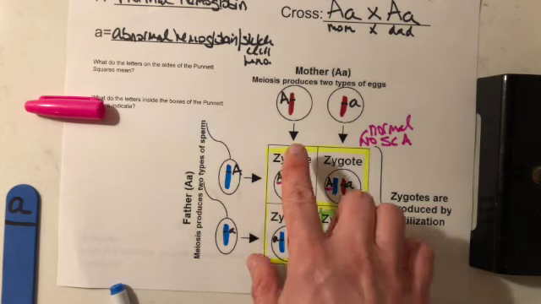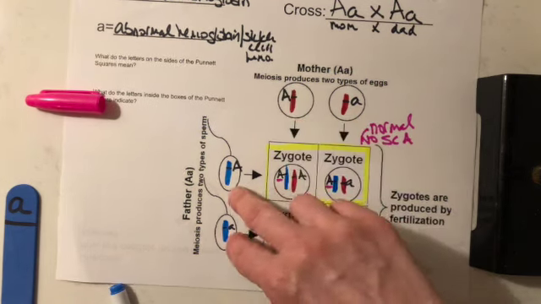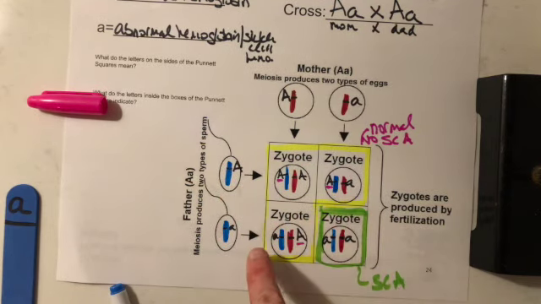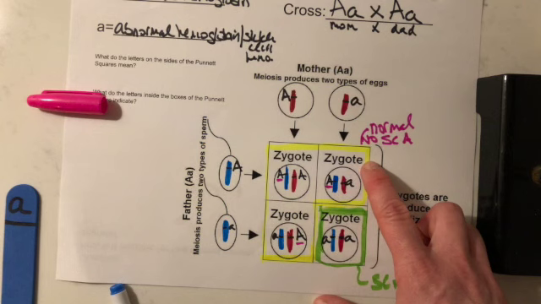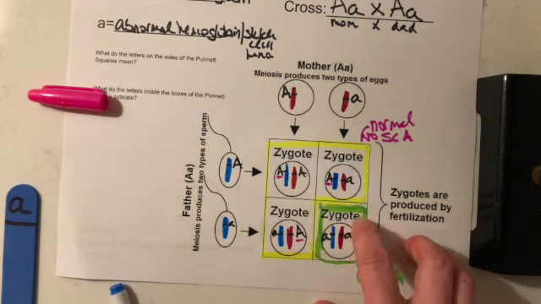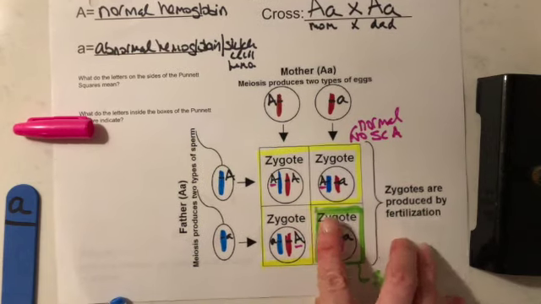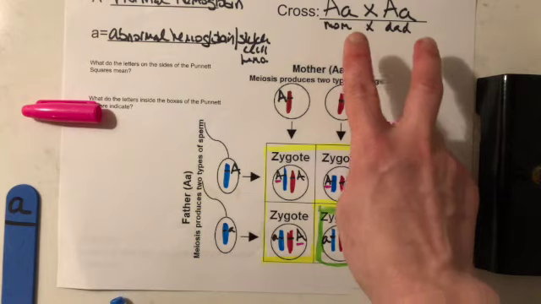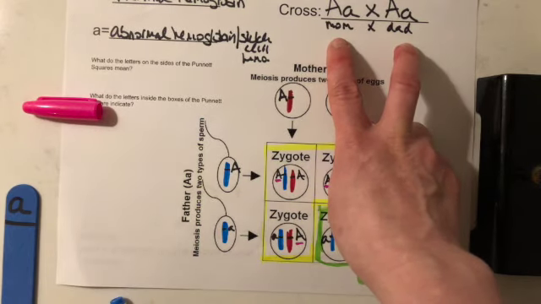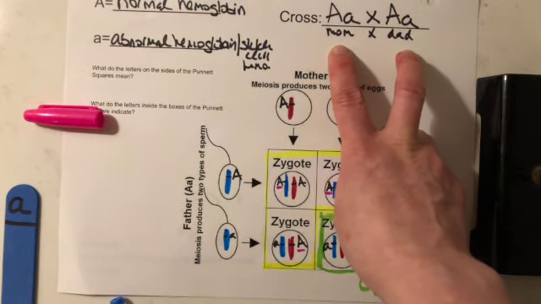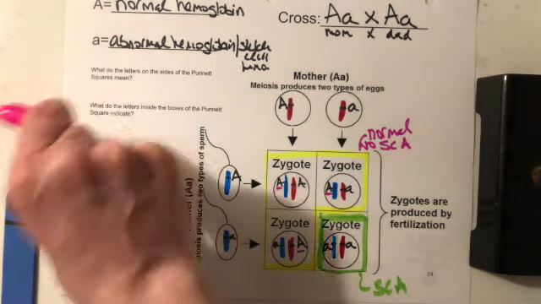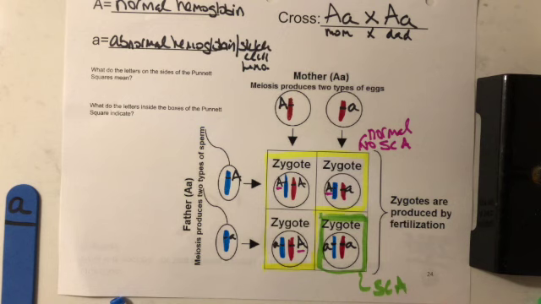So if mom is heterozygous and dad is heterozygous, there's a 3 out of 4 chance that their child is not going to have sickle cell anemia. But there's a 25% chance, 1 out of 4, that their kid is going to have sickle cell anemia. So if you have 2 heterozygote parents and they decide to have a baby, there's a 25% chance that their child could have sickle cell anemia.